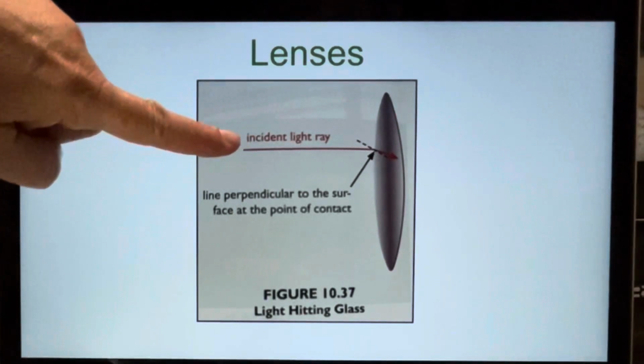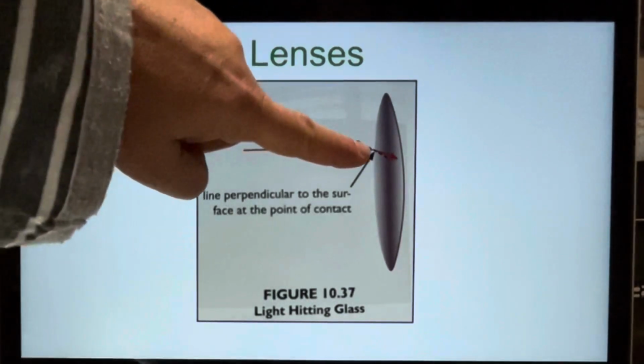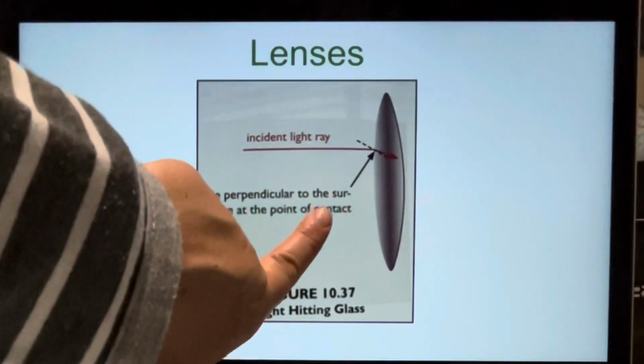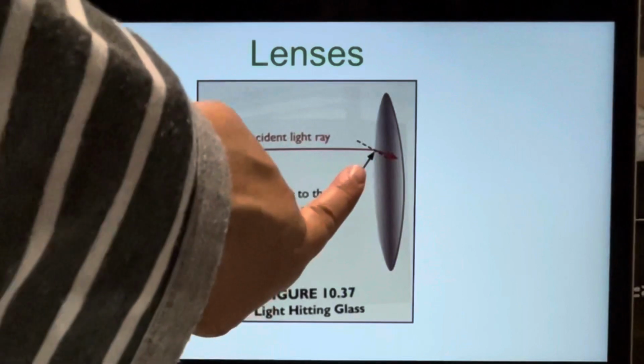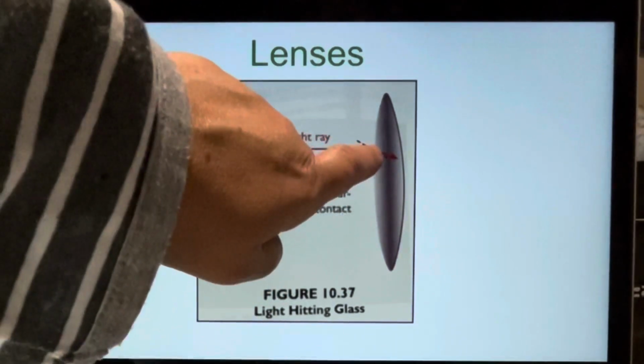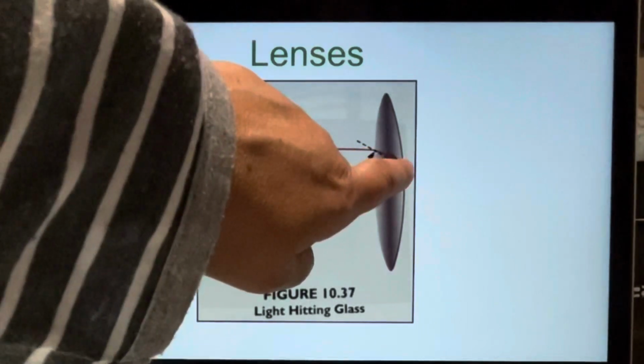So here we go. Here's our incident light ray. It's coming in. The line perpendicular to the surface at the point is right here. So the incident light ray will bend here.